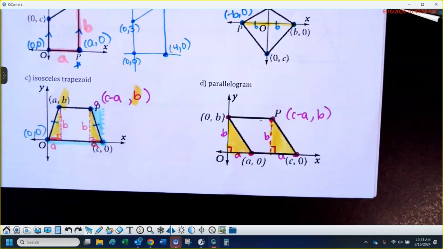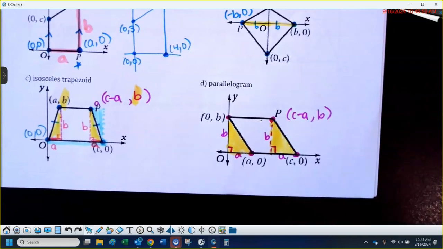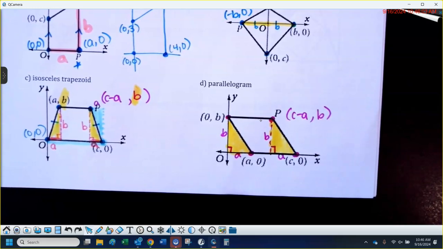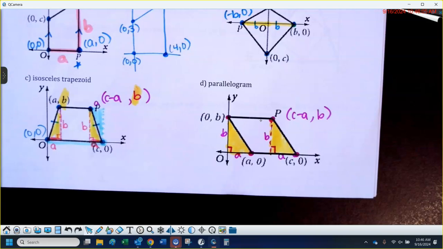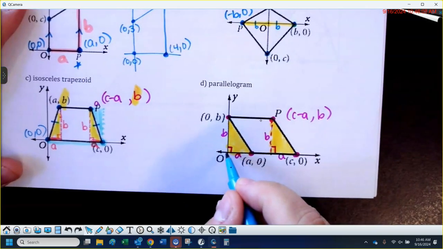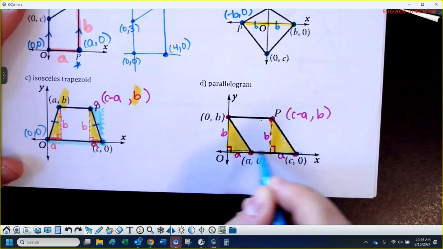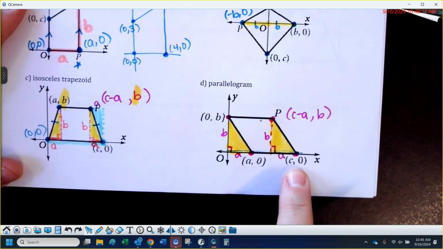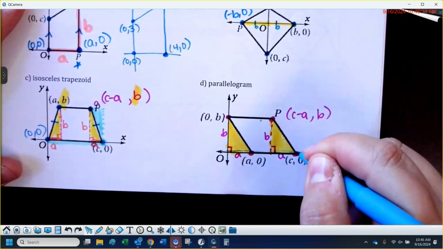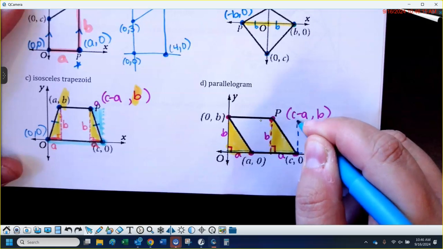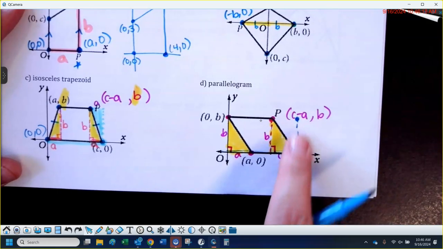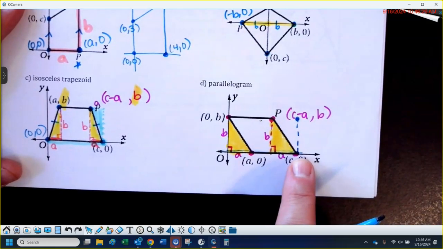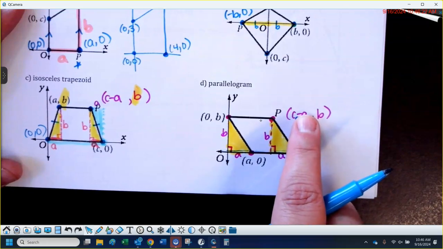Yeah. So for C and for P, how are we getting C again? Because I know there's C,0, but why are we using C? Okay, so for either one of these, if you go all the way over here, from them giving us this point, this is C,0. So this would be C. So if I went straight up here, this would be the point C,B up here.